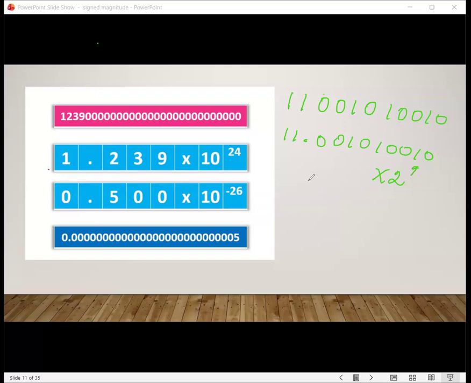So for the normalized form for floating point representation, now see this most significant bit. It has to be non-zero. That is one rule. For the normalized form, you should see the most significant bit, here it is 1, and it also has to be non-zero. That is very important. So we can manage big numbers.